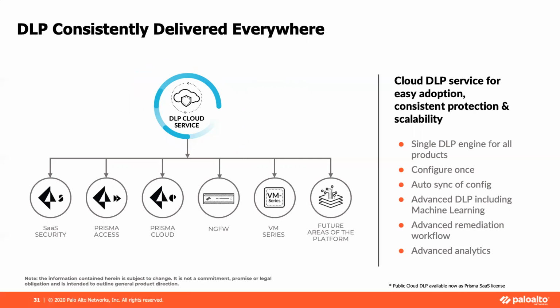So there's a single DLP engine that's used for everything. You just configure it one time. It auto syncs. It uses AI and machine learning, has advanced workflows and analytics and all that sort of stuff.